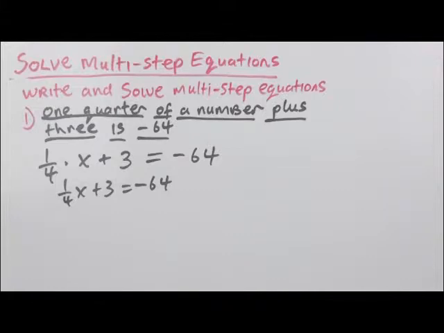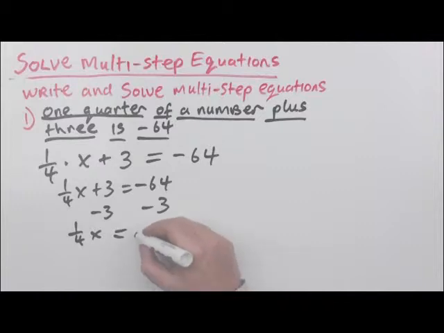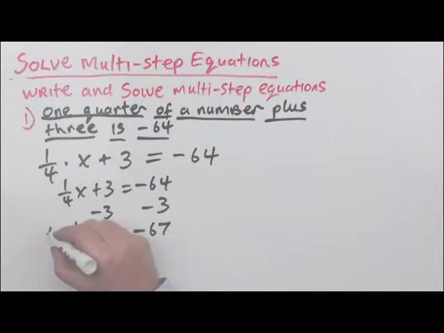The first thing I'm going to do is use the subtraction property to get rid of the plus 3. So I'm going to subtract 3 from both sides, so I can get the x by itself, or start to get it by itself. So 1/4 x is equal to, let's see, negative 67. Now I multiply by the denominator, or what I'm doing is flipping the fraction upside down.